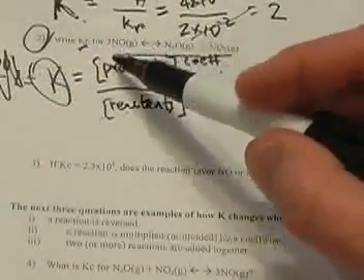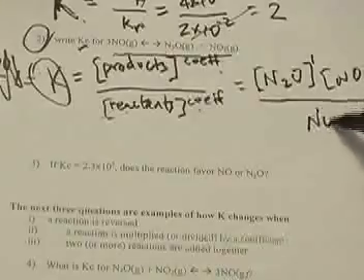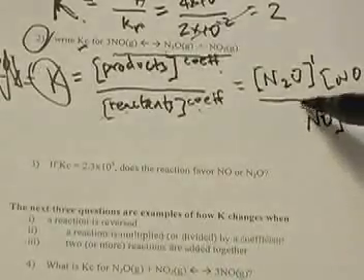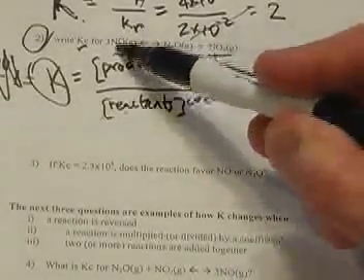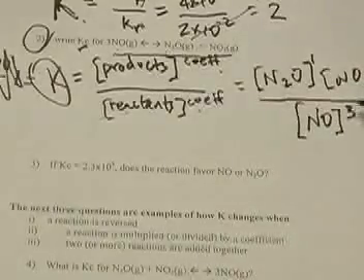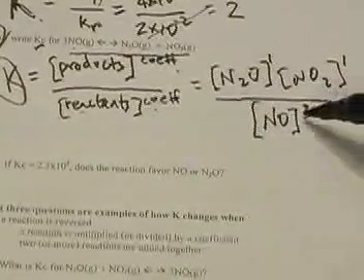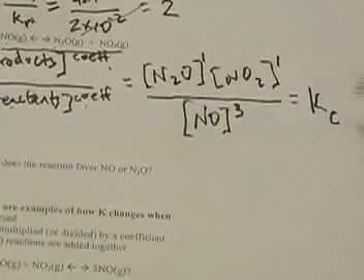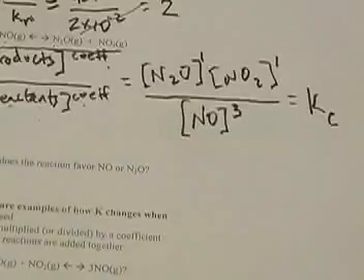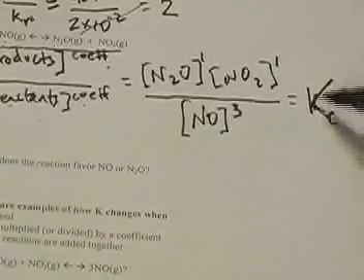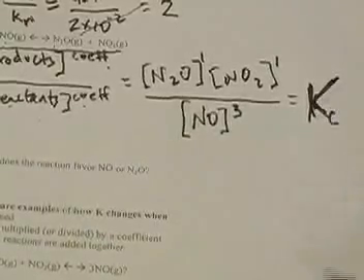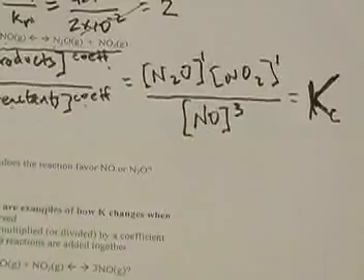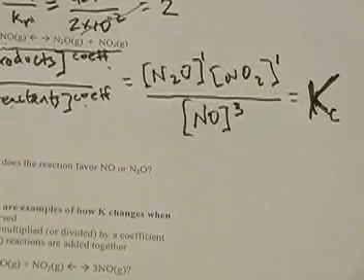And the reactant here is NO. So put NO down below. And notice it has a 3 in front of it, so raise it to the third power and put a power of 3 below it. This is equal to the equilibrium constant in terms of concentrations, so we put a small c below the capital letter K. Make sure you have a capital letter K for equilibrium constant.